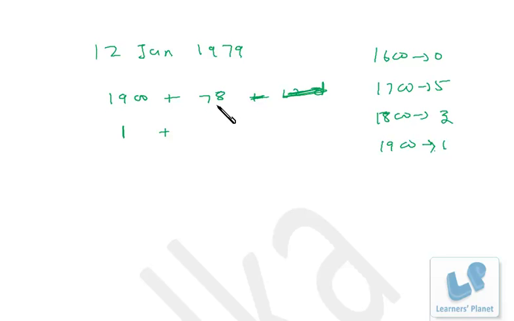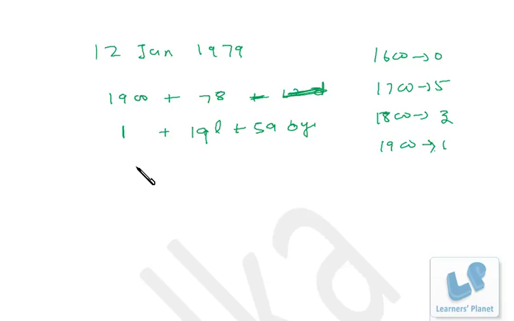78 years, if you divide 78 by 4, you'll be getting 19 leap years, because 78 divided by 4 is 19 point something. So it's 19 leap years plus 78 minus 19, that's 59 ordinary years.